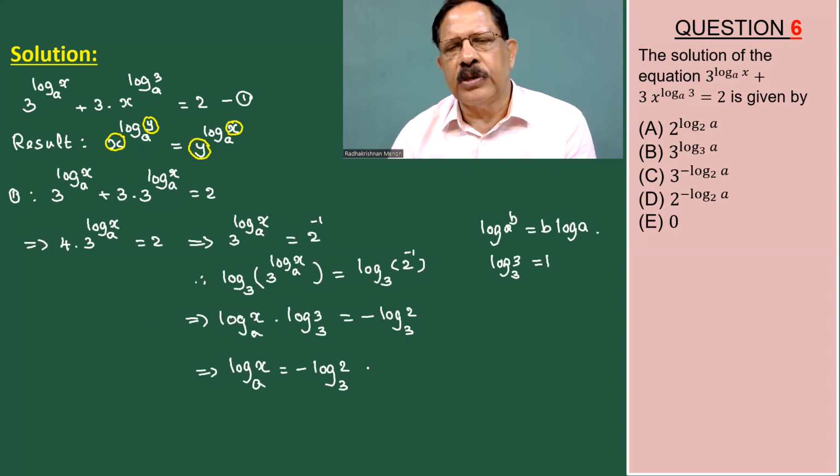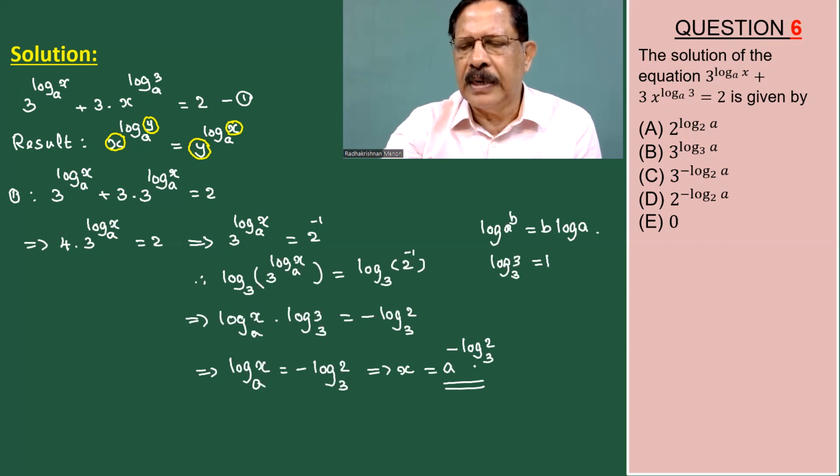And again, by using the property, x is equal to a to the power minus log 2 to the base 3. The property of logarithm we are using in each stage for simplification. So the answer for that question is option D.